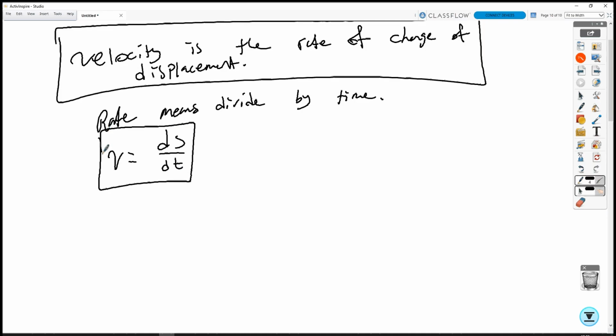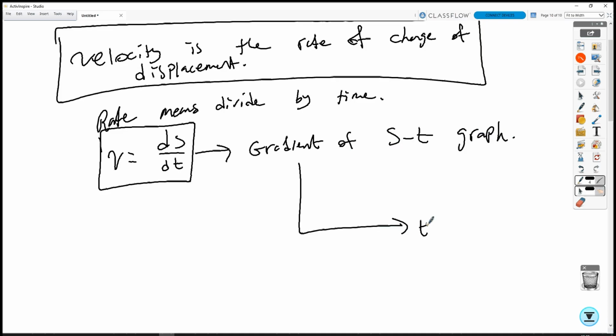Now ds dt basically means gradient of an ST graph. It could be a straight line. It could be a curve. It just means a gradient of. Now, if you have a curve, you normally won't be given a function in physics, so you'll have to draw a tangent at the point which you're interested in, then work out the gradient of that tangent.